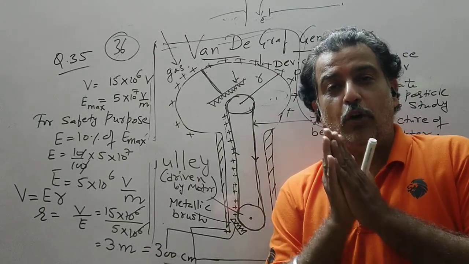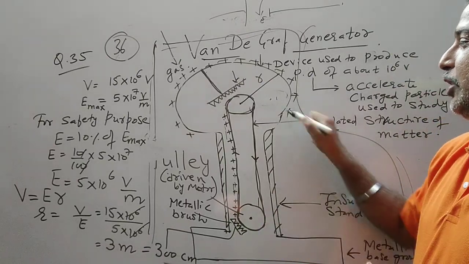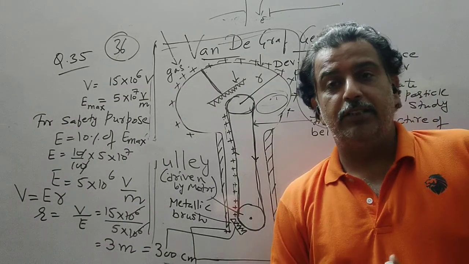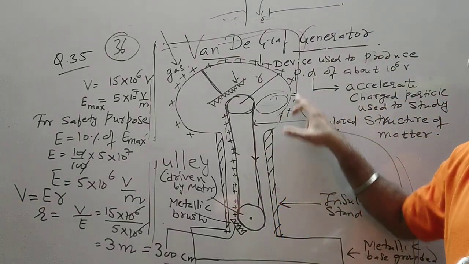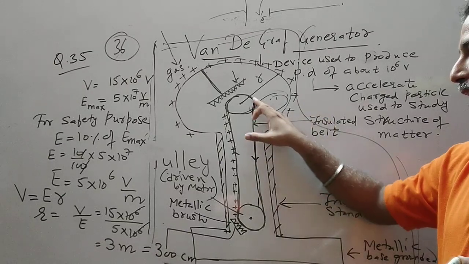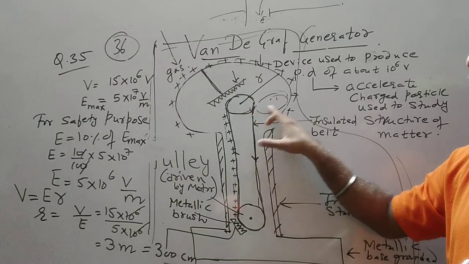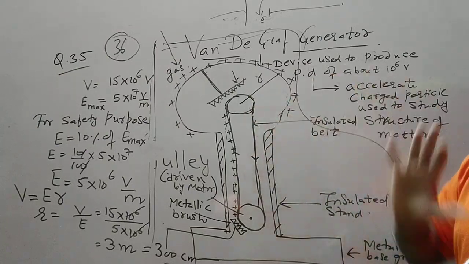So the charge will always flow from the inner sphere to the outer sphere. In this portion also I can say there is a potential difference created which is constant.